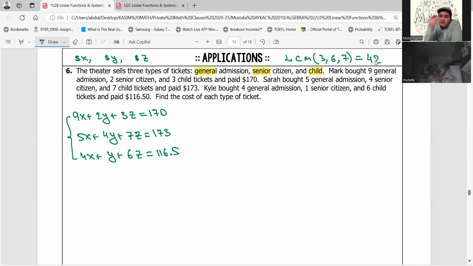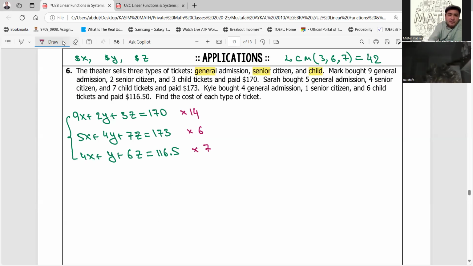Right? 42 is divisible by all of these numbers: 3 times 14, 6 times 7, 7 times 6. So to get 42, we should multiply this by 14, this one by 6, and this one by 7.